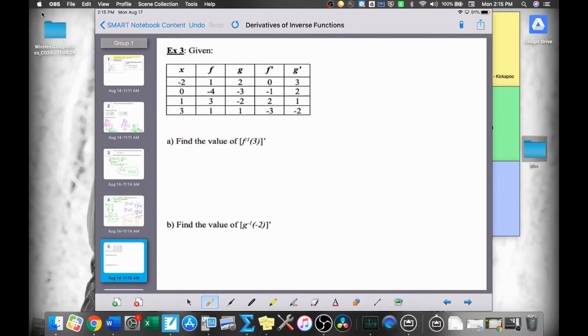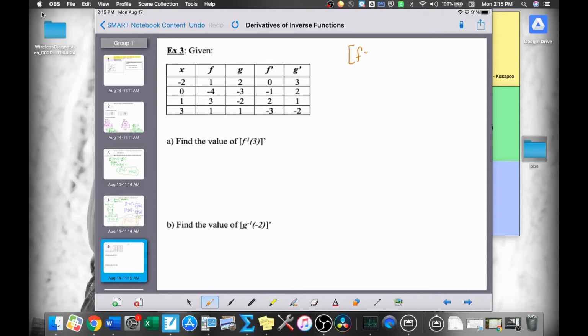Our final example has many parts, and all of the parts use this given table of values. Parts A and B are very straightforward. These are just inverse derivative calculations. Part A wants us to find the value of f inverse of 3 prime. So again, I'm just going to write down my equation for the derivative of f inverse.